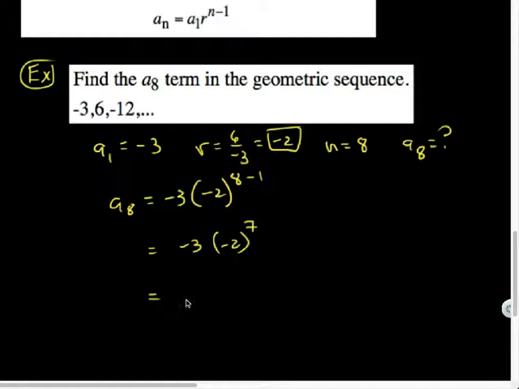Is that going to be positive or negative? The -2 to the 7th part? Negative because it's an odd exponent. So it's an odd number of negatives being multiplied. 6 of them pair up and become positive, but you end up with that one -1 left over.